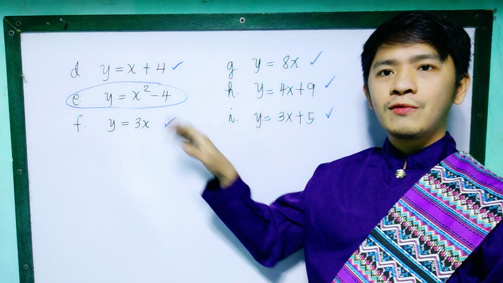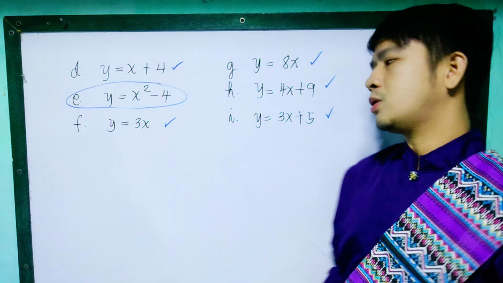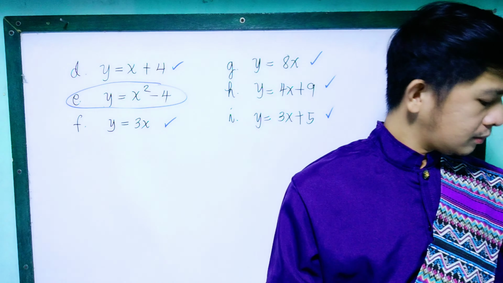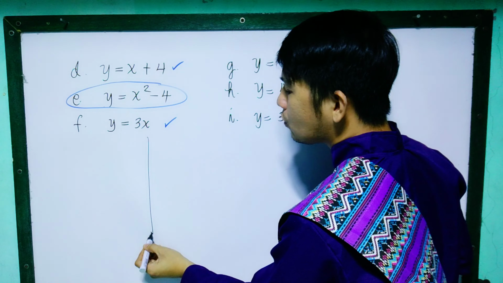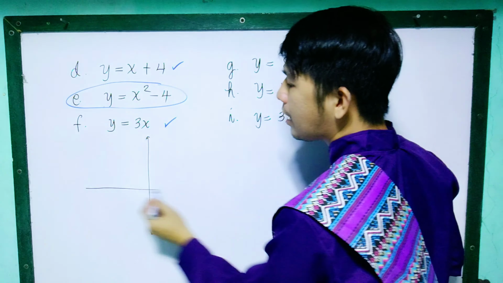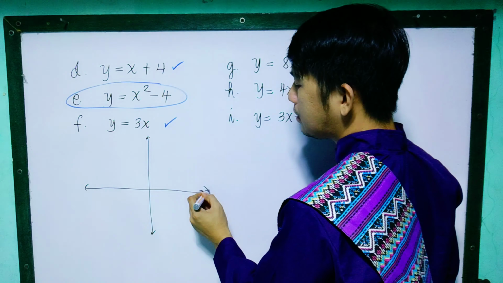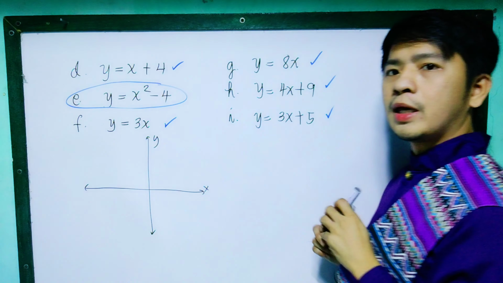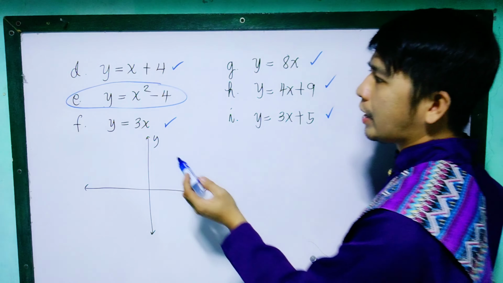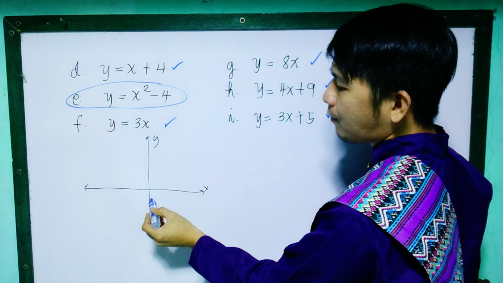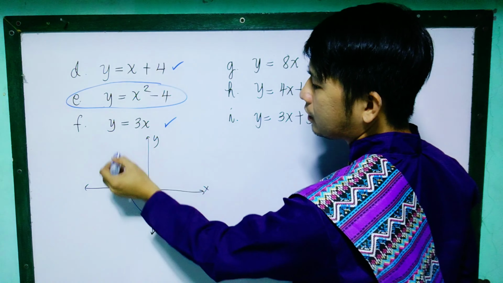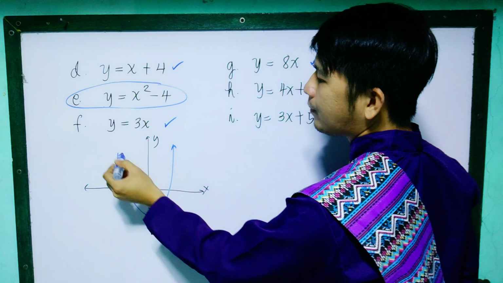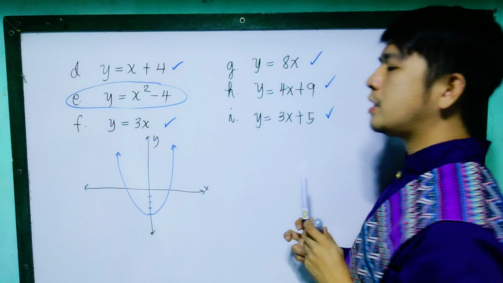So, ang kanyang graph is a parabola. So, kung ito ay parabola, let's say ito yung x and y axis. Okay? So, kung ito ay parabola, so ito ay opens upward na kung saan ang kanyang vertex ay nasa negative 4. So, for example, ito yung graph ni letter E.